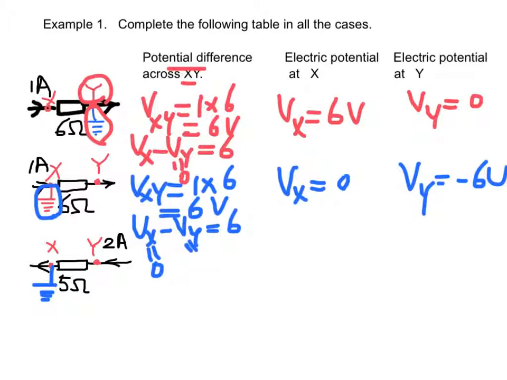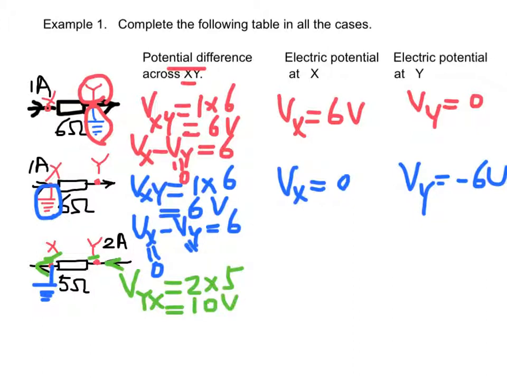For the last case, since the current flows through the resistor from Y to X, therefore we have potential difference now across YX equal to IR, which is 2 times 5 equal to 10 volts.